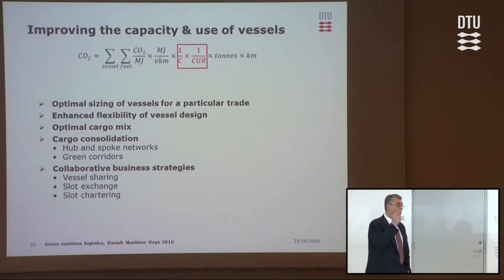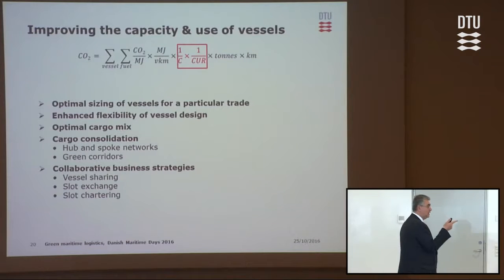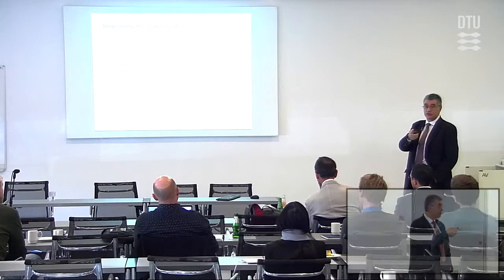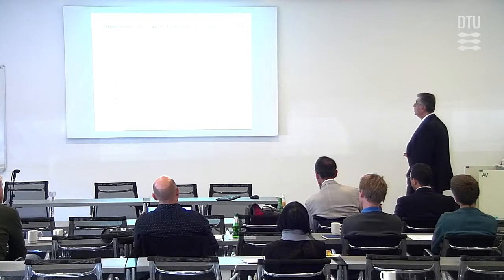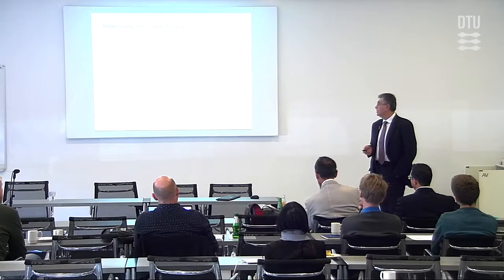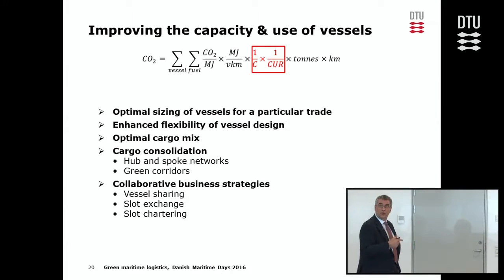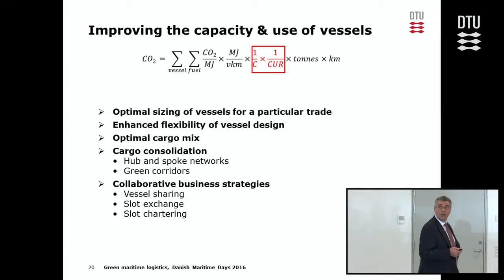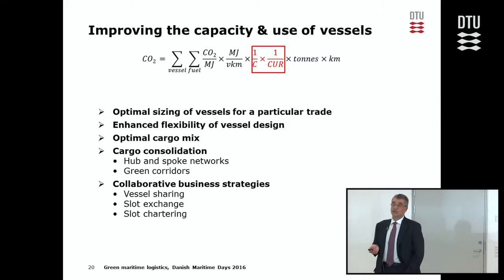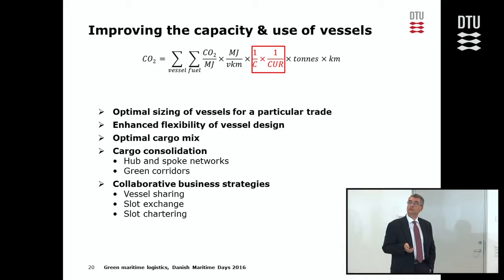Optimal cargo mix, it was mentioned by Mai this afternoon. Cargo consolidation, hub and spoke networks, we heard David this morning talking about it. Green corridors, which is another way of consolidating cargoes along specific corridors. And of course, the well-known alliances, collaborative business strategies, vessel sharing, and exchanges of slot.